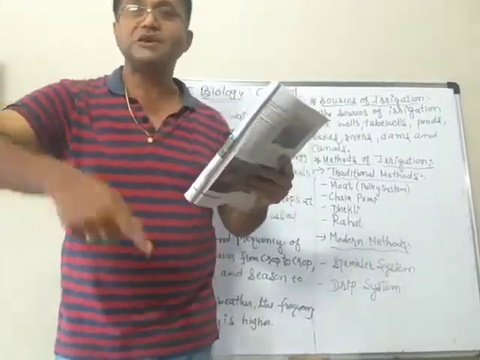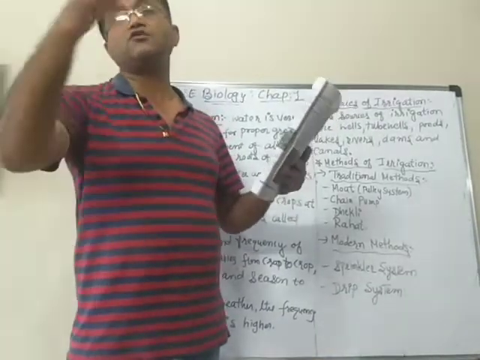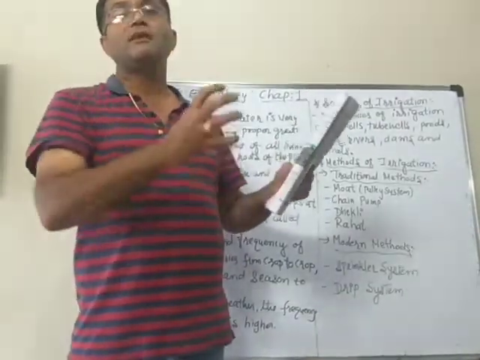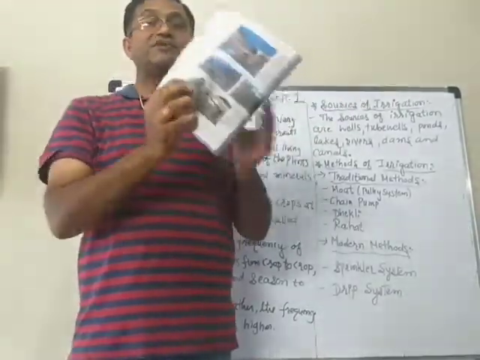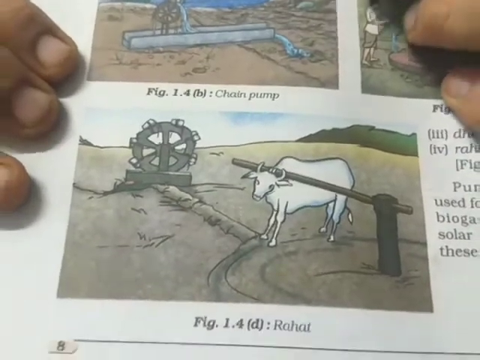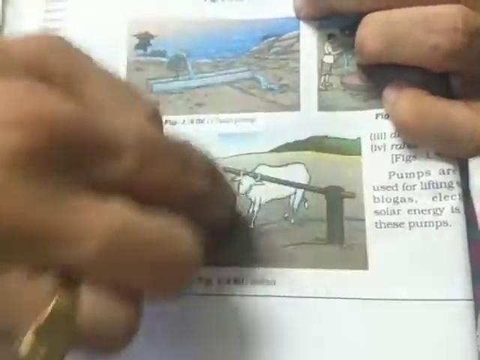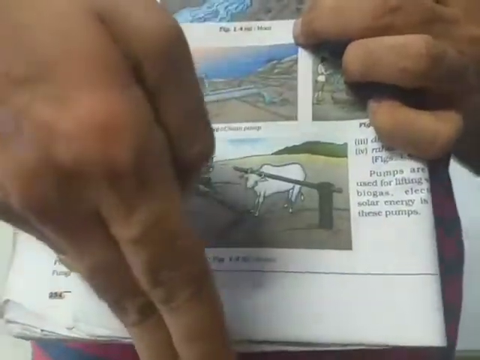When the bullock is moving like that, the connected wheel along with some water vessels moves. Look here, you can see that the bullock is moving, and due to that the water is coming out, and then it is thrown into the passage and it will go.